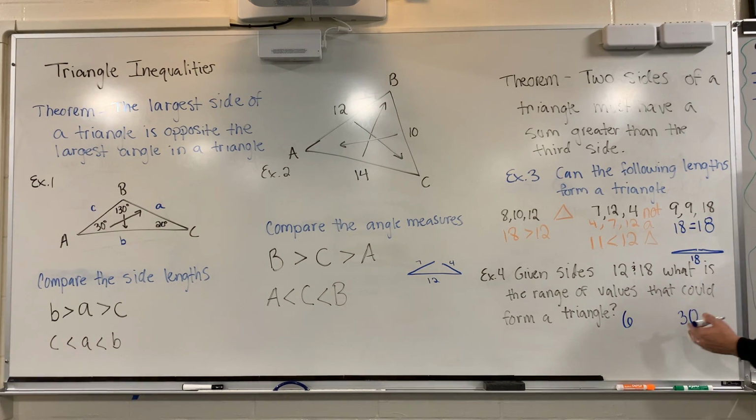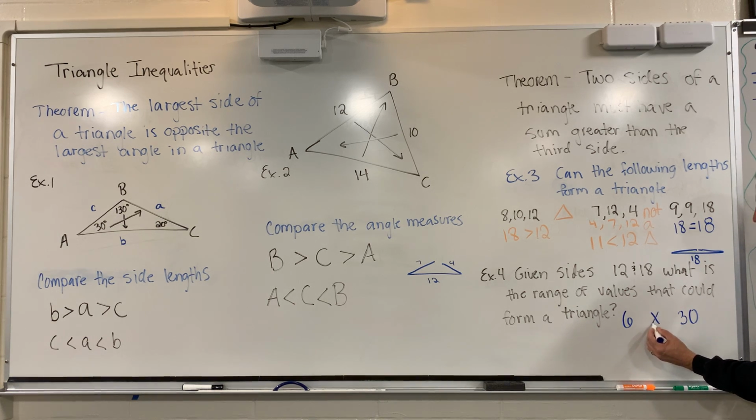Now, our values are between 6 and 30, but specifically, I'm going to use the variable x to represent all the different choices. What I know is that I have to be smaller than the number 30, but I also have to be greater than the number 6. And here's why. Let's throw a test in there.